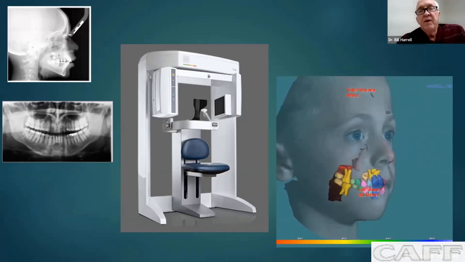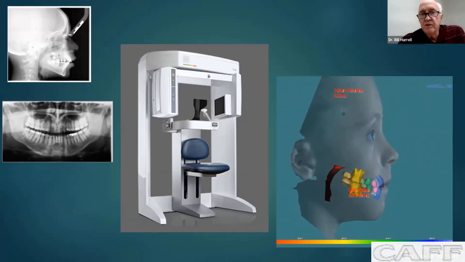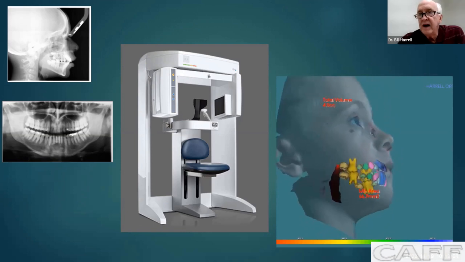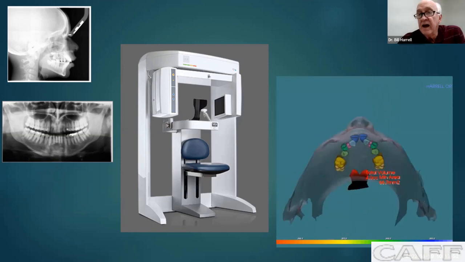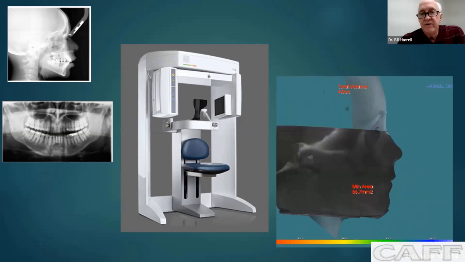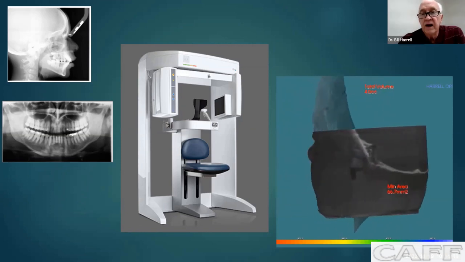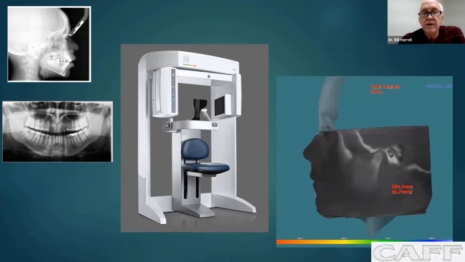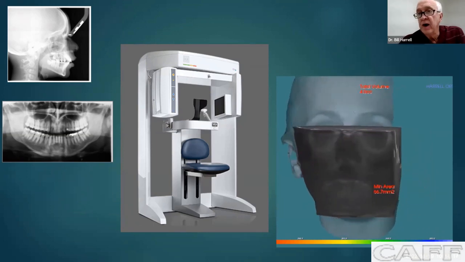Right. The ConeBeam CT was introduced to the world in about 1996 in Europe, in Italy actually. And then 2001 was when the first machine was introduced in the United States, at Loma Linda University first. And then David Hatcher, who's an oral radiologist in Sacramento, got it the next day and claims to be the one that first used it in the United States.